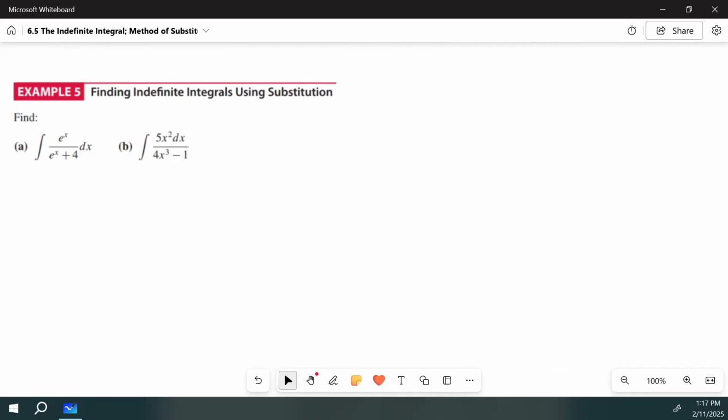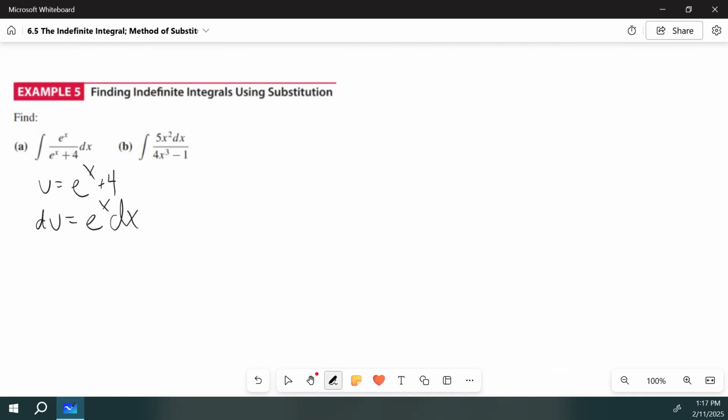All right, so let's look at part A here. Here, the numerator equals the derivative of the denominator. So we don't actually have a composite function, but if we let u equal e to the x plus 4, then du is going to be e to the x dx, and everything lines up.